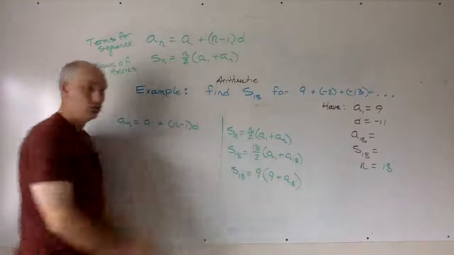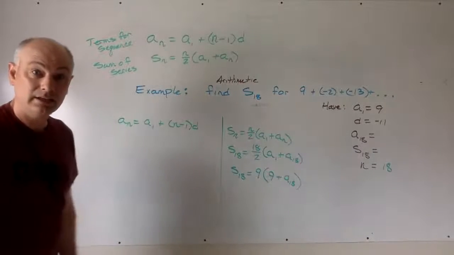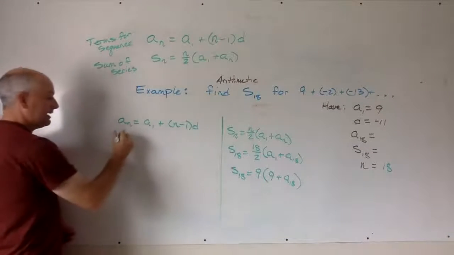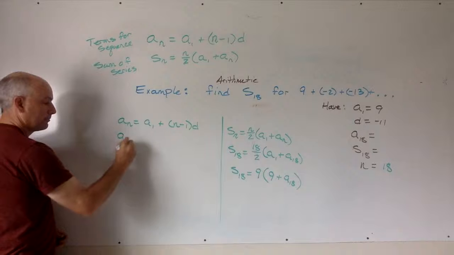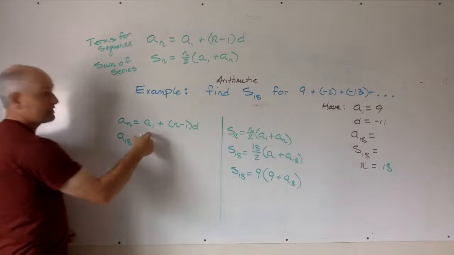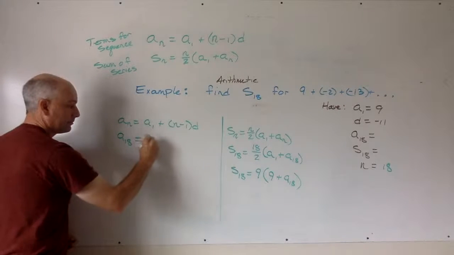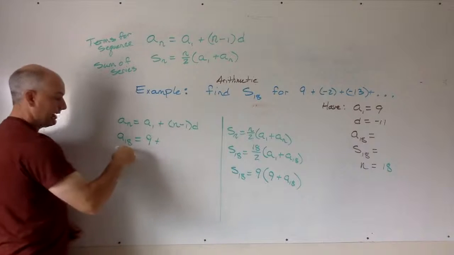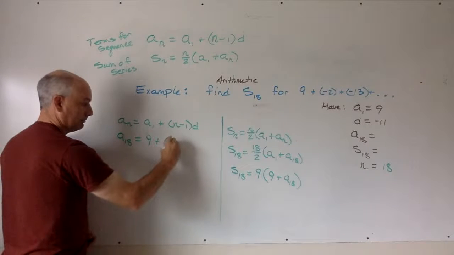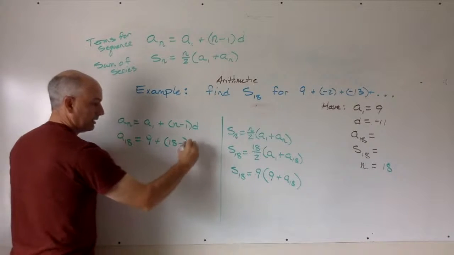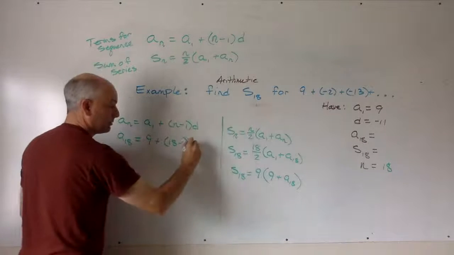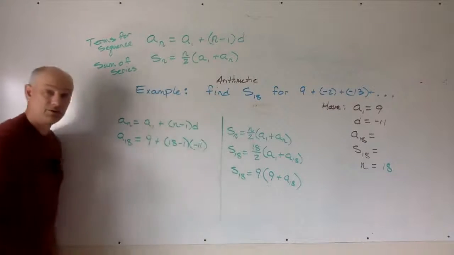This is why these two formulas go hand in hand. I can find a sub 18 because a sub 1 is 9. My n value has to be 18. And I know my common difference of negative 11.